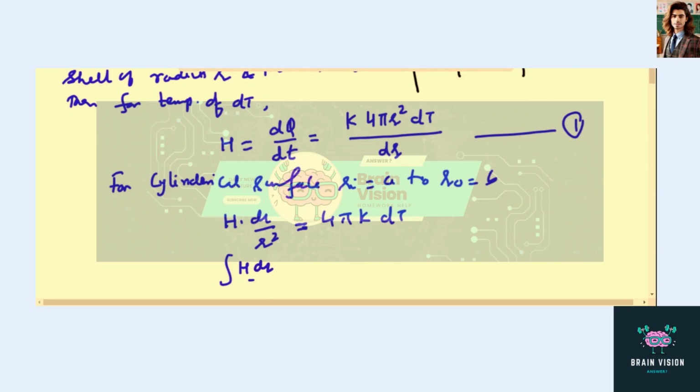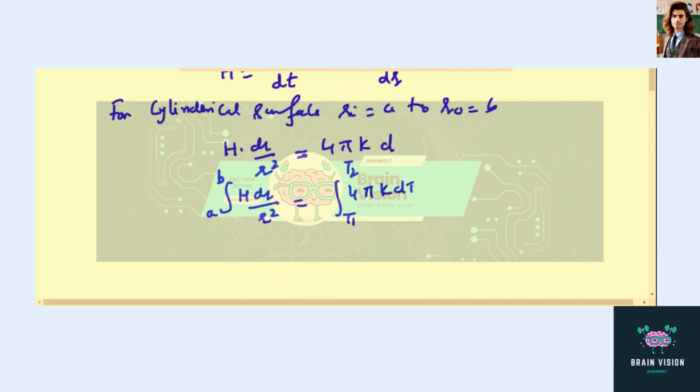Integrating both the sides for the limit, temperature limit is T1 to T2 and radius A to B, because inner surface has the temperature T1 and outer surface T2. Integration of 1 upon H is constant.